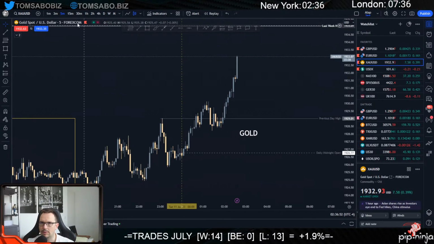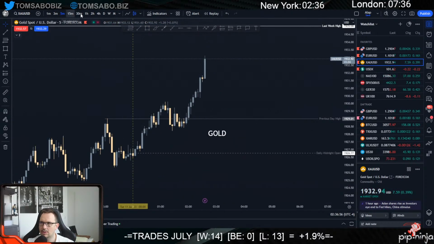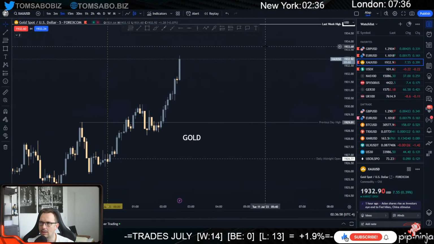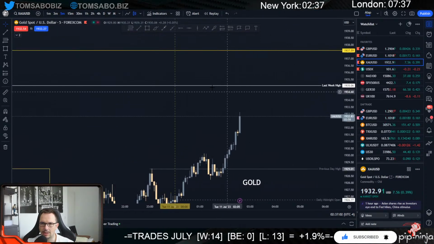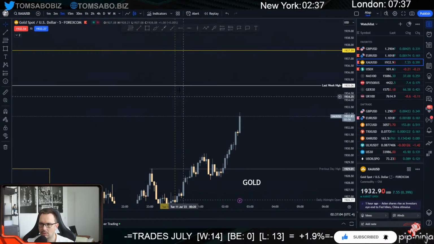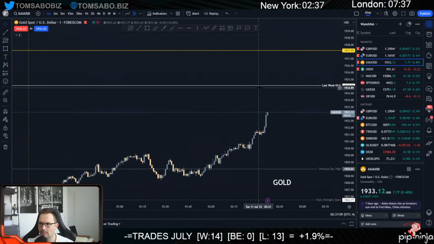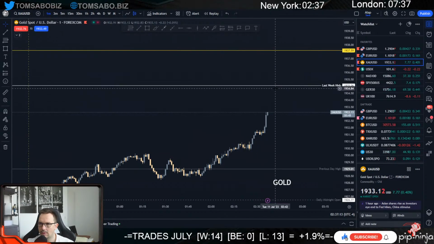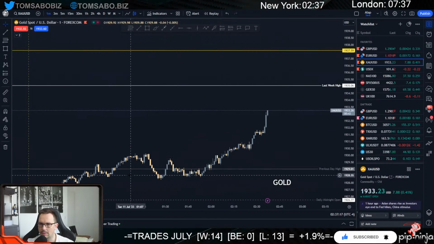Look at gold. Wow. Gold just skyrocketed into that 1938 level. It's going to take it out. I'm just waiting for a nice retracement, maybe on the 1 minute as well. It would be a nice run for liquidity.